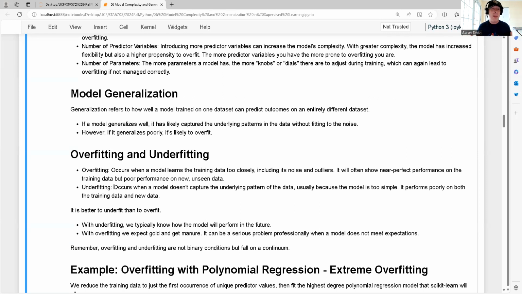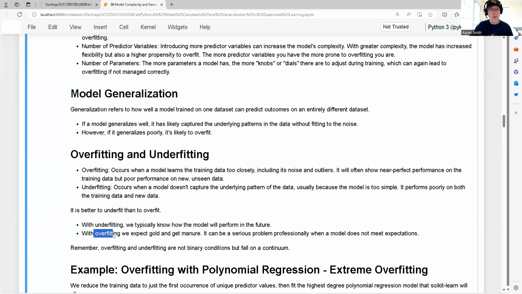And because of that, it's better to underfit than overfit. When we underfit, we know what's going to happen in the future with this model. We know about how accurate it's going to be. It's not going to be perfectly accurate ever, no matter what I do in any reasonable situation. We won't have a perfect model, but I at least know how it's going to perform.